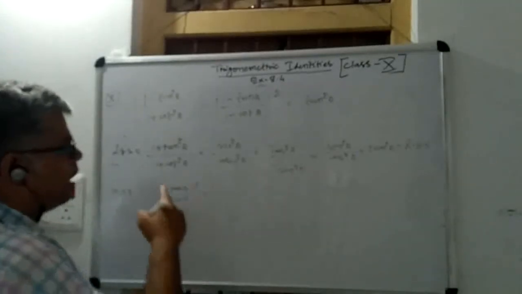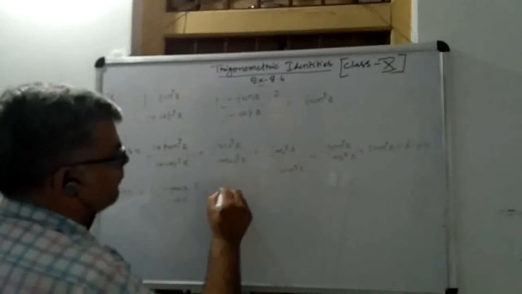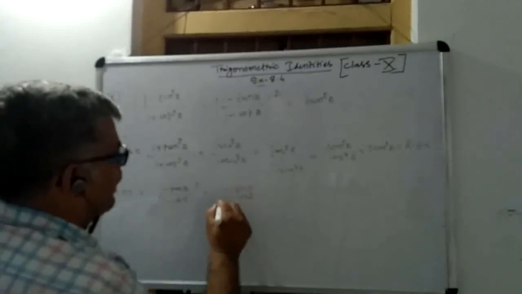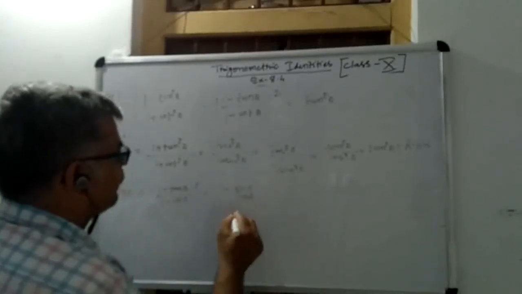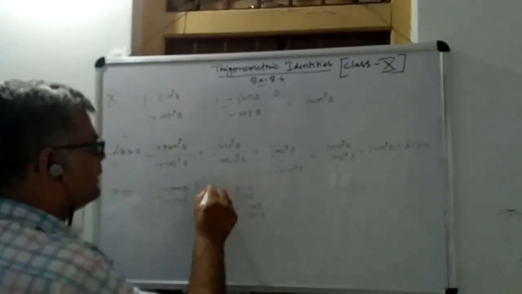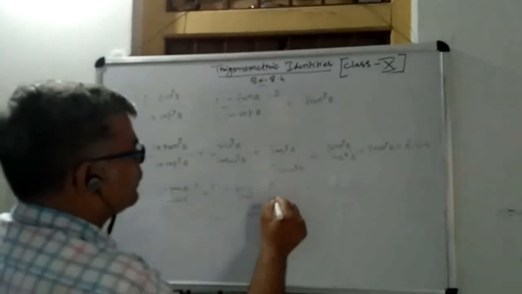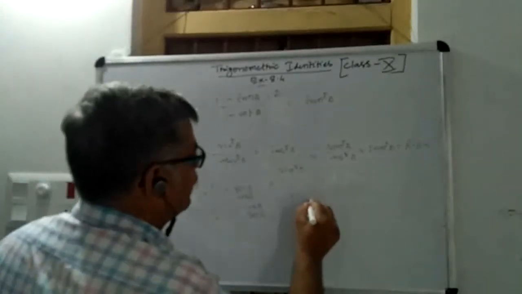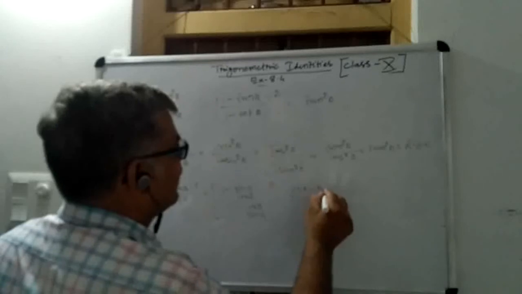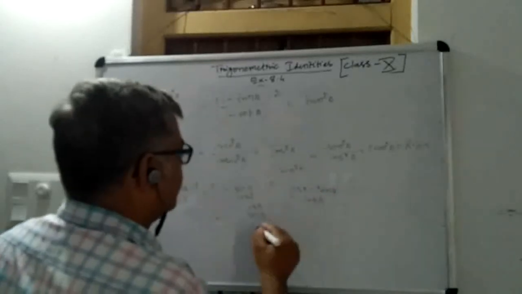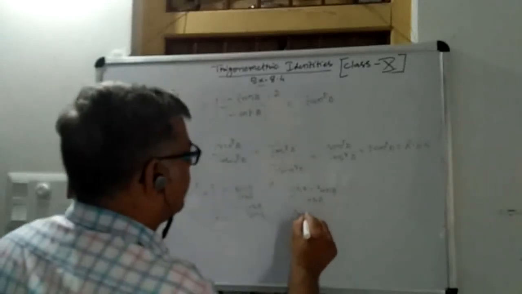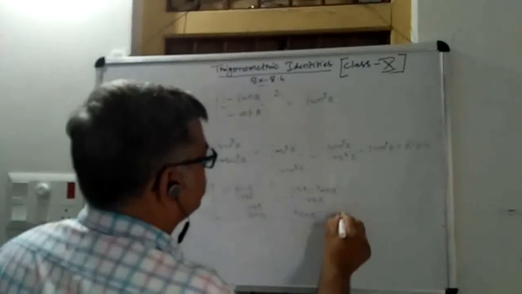Now you can write 1 minus tan A as 1 minus sin A by cos A, and 1 minus cot A you can write as 1 minus cos A by sin A, and this is whole square. So now you take the LCM. In the numerator it will be cos A minus sin A by cos A, and in the denominator it will be sin A minus cos A by sin A, whole square.